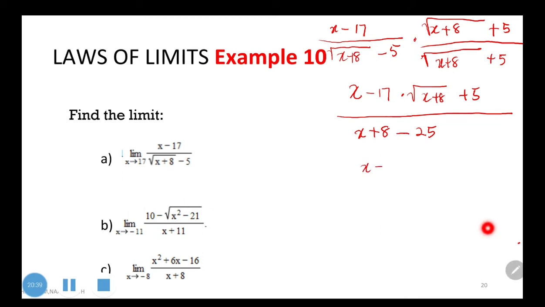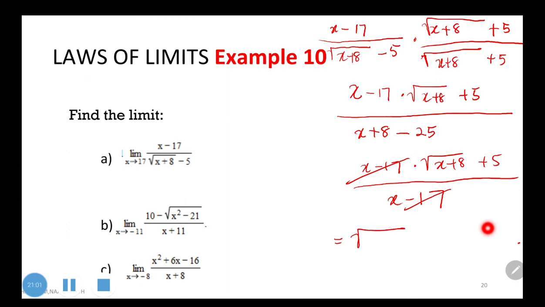So here, then, okay, at this stage you can put in the value of 17 here.